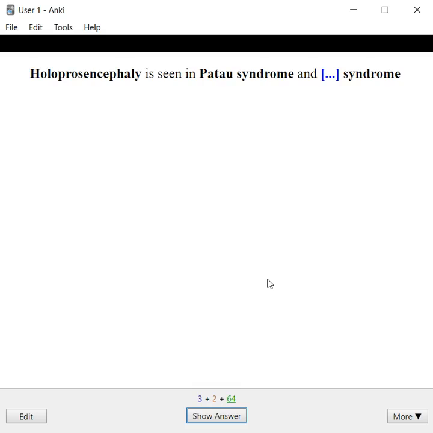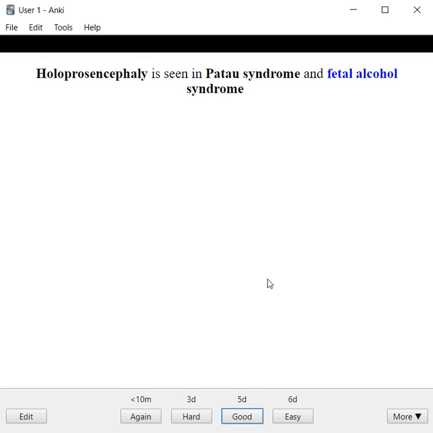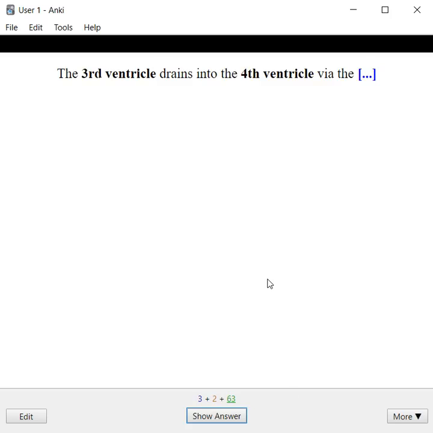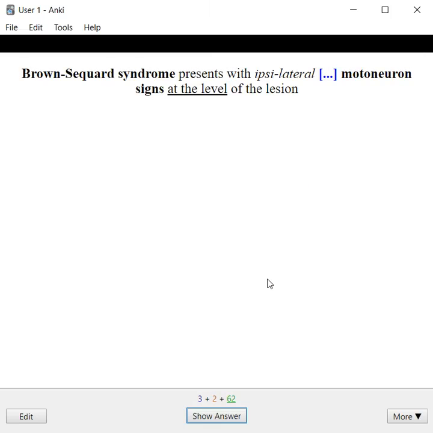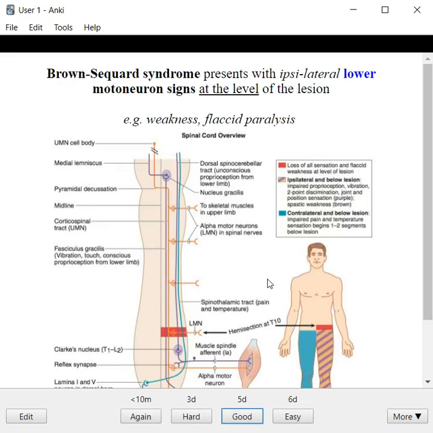Holoprosencephaly is seen in Patau syndrome and what other syndrome? Fetal alcohol syndrome. The third ventricle drains into the fourth ventricle via the cerebral aqueduct of Sylvius.